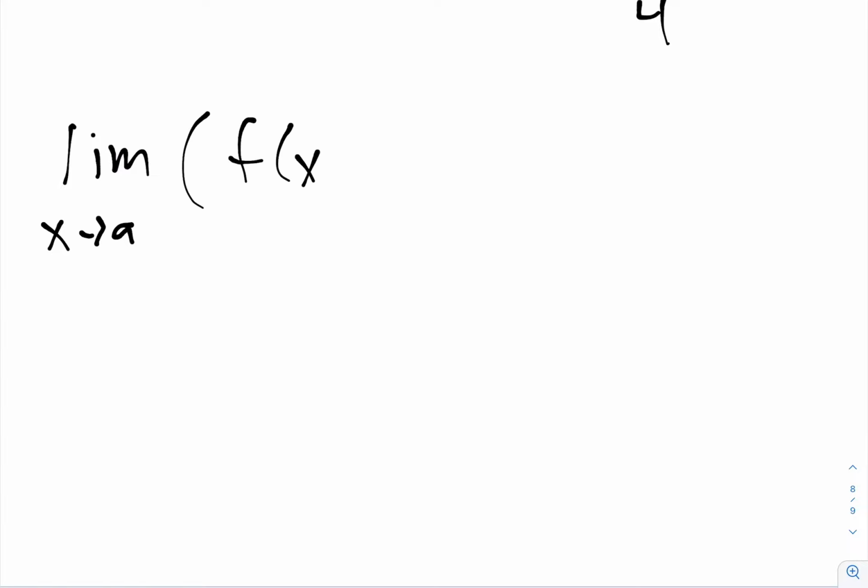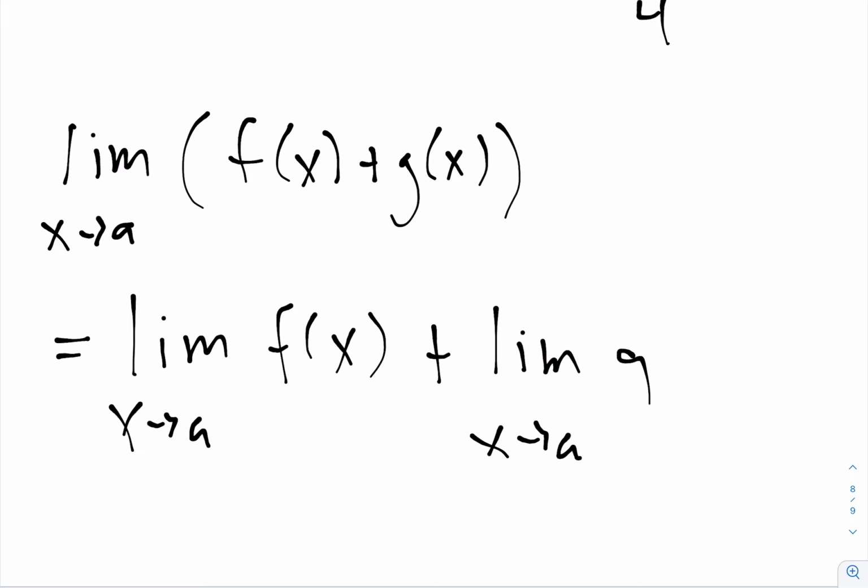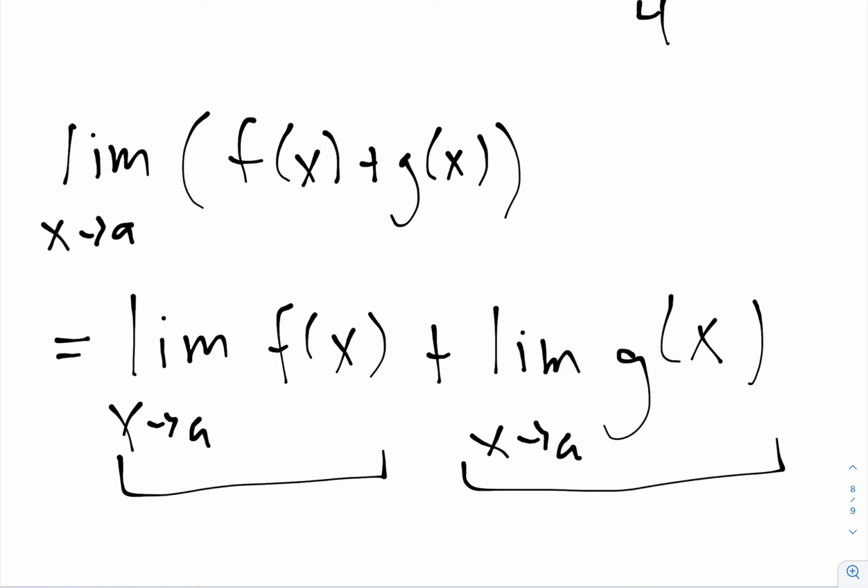If we're taking the limit of the sum of two functions, I'll just call them f of x and g of x, that's going to equal the limit as x approaches a of f of x, which is some number, plus the limit as x approaches a of g of x. So the limit of two functions added together is just the sum of their individual limits.